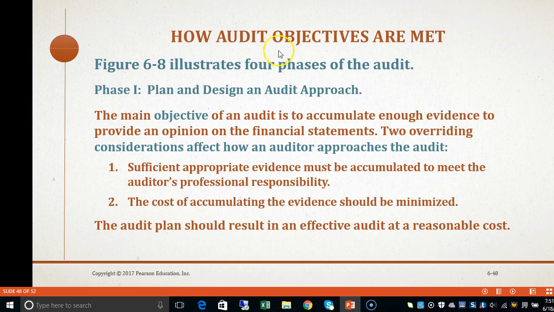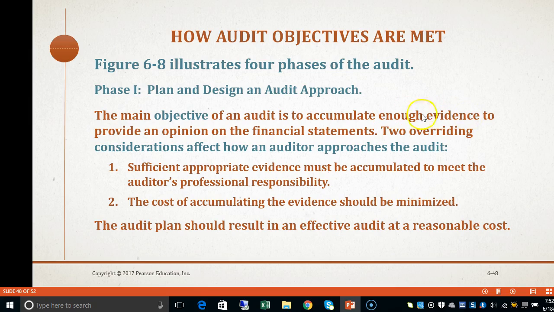Phase 1, plan and design an audit approach. The main objective of an audit is to accumulate enough evidence to provide an opinion on financial statements. The overriding considerations affect how an auditor approaches the audit.